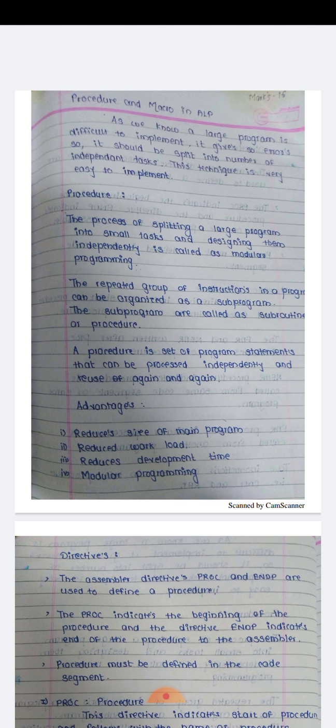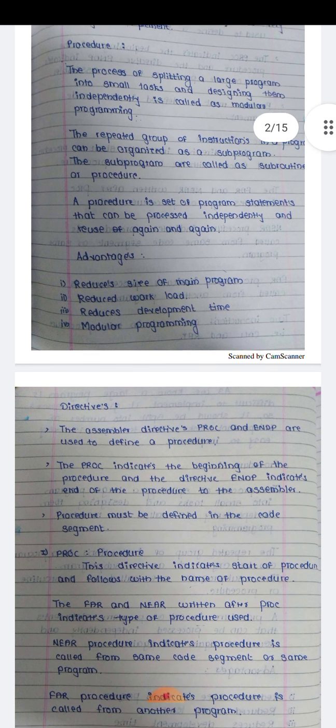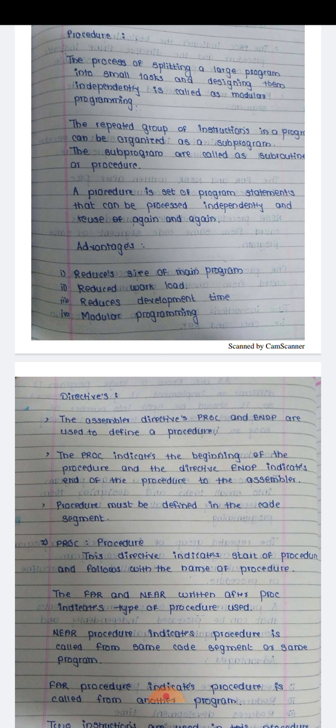So what is the advantage of a procedure? It reduces the size of the main program, it reduces the workload, it reduces the development time, and it uses modular programming, right?